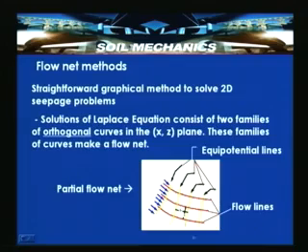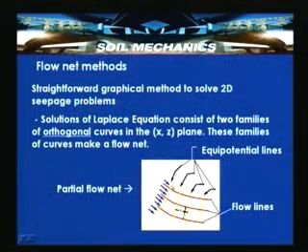They are called flow lines. The space between any two flow lines is called a flow channel, and between two equipotential lines a head loss will occur. So, the potential between here and here, with flow occurring in that direction, will have a loss of head.